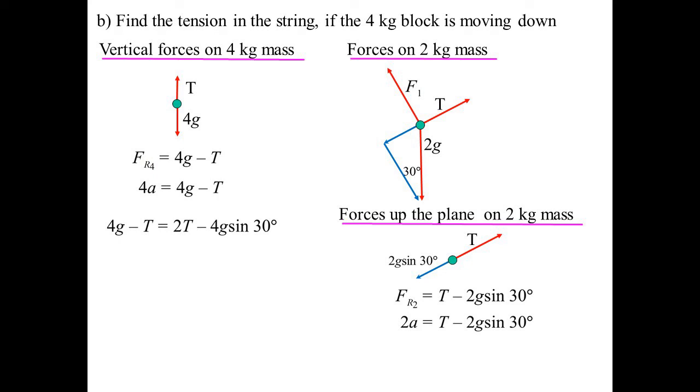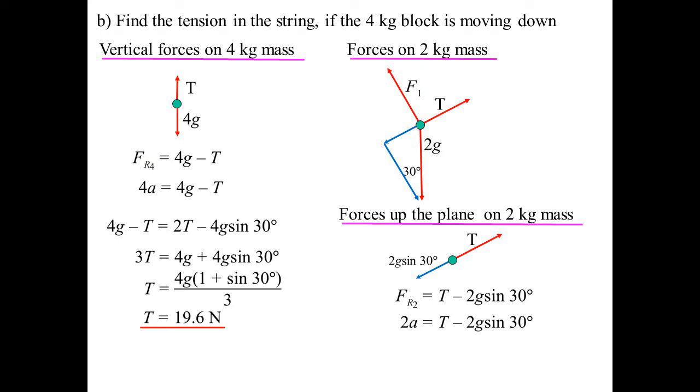Over on the right, we worked out 2a, so therefore 4a is 2T minus 4g sine 30. I now can get an expression for T. So playing around with that, make T the subject, and we can work all that out. Well, let's assume g is 9.8. They'll usually tell us whether to take it as 10 or take it as 9.8. So 19.6 newtons.